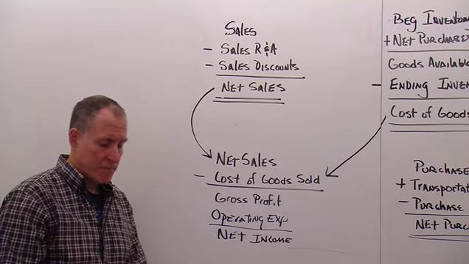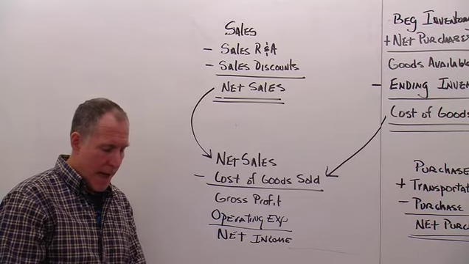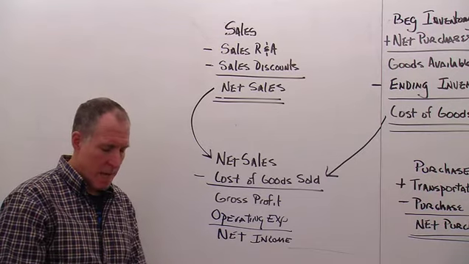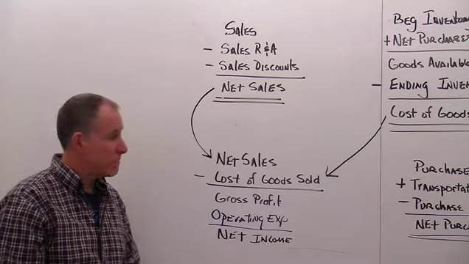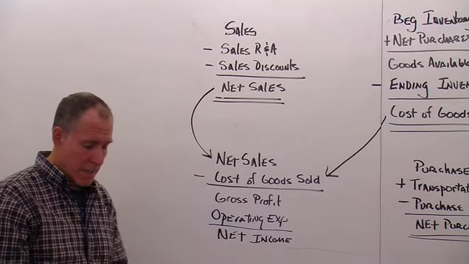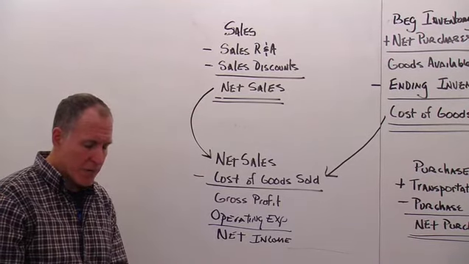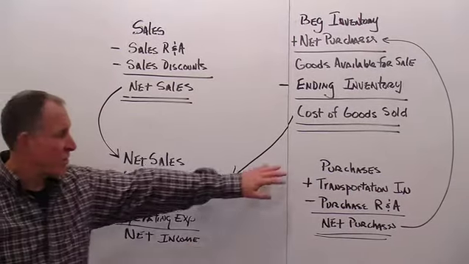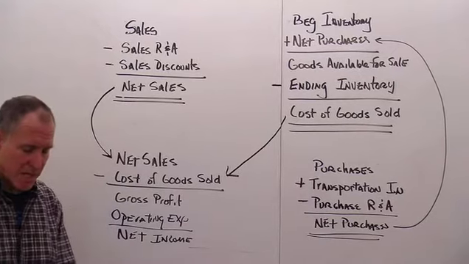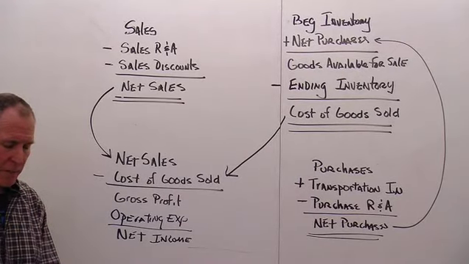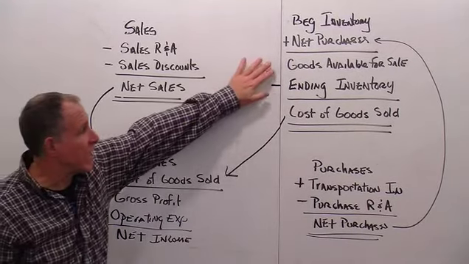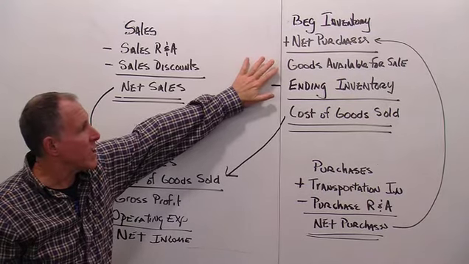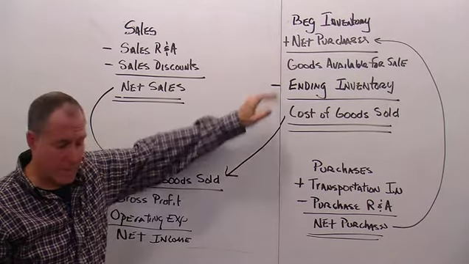This problem that you have been given asks you to calculate out A, net sales. You use this formula. B, the net cost of purchases. You use this formula. C, the cost of goods available for sale. I'm asking you to calculate cost of goods available for sale.